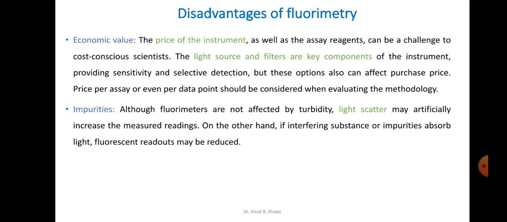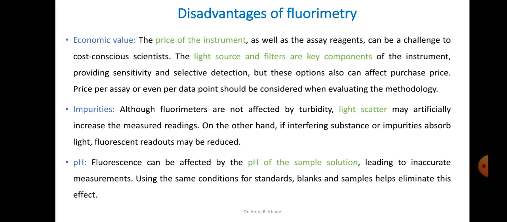So that is one of the drawbacks here, if the impurities are present as an interfering substance which is scattering the radiations. And then most important is the pH of the sample solution. So we have seen, when we discussed various factors affecting the fluorescence intensity, the pH is one of the major factors which affects the fluorescence intensity. So at what pH you have prepared the solution, that will create different spectral properties here.